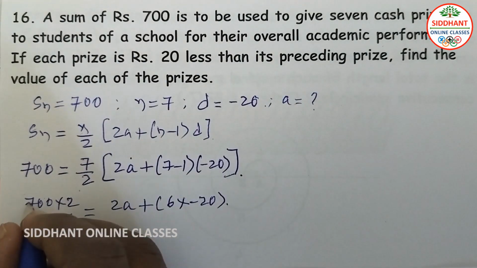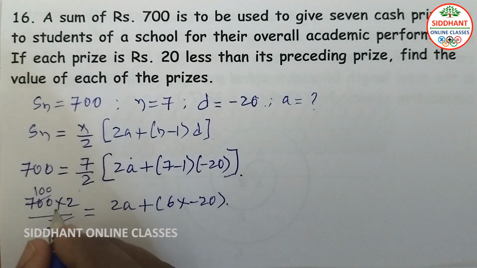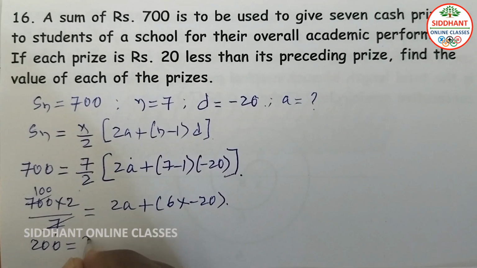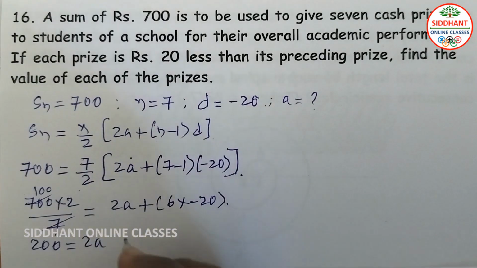So now 7 into 100, that is 200 here. So 200 equal to 2a minus 120 here.